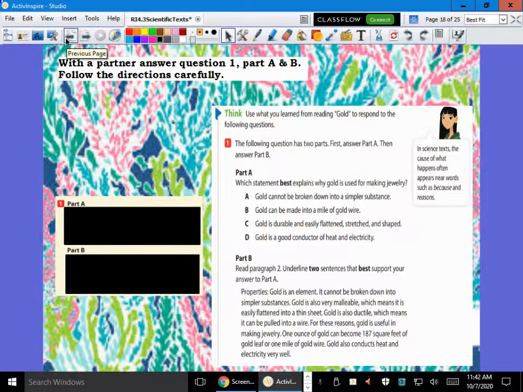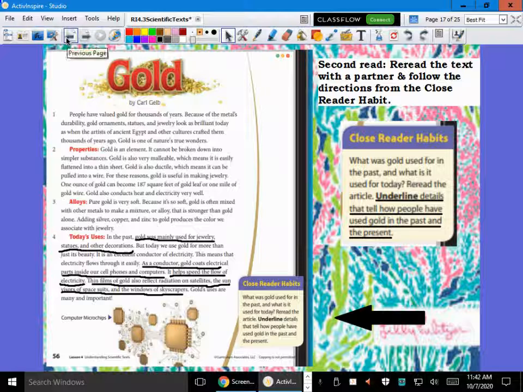Well, if I go back to my text, and you have a copy of this in your Google Classroom as well, let's go back to that part where it talks about why it's used for jewelry. Which paragraph would that be in? Can you find it? I believe we're going to be looking here in paragraph 2. Now, it says that gold is malleable, which means it's easily flattened into a thin sheet. Gold is ductile, which means it can be easily pulled into a wire.